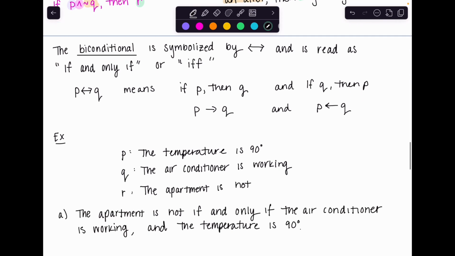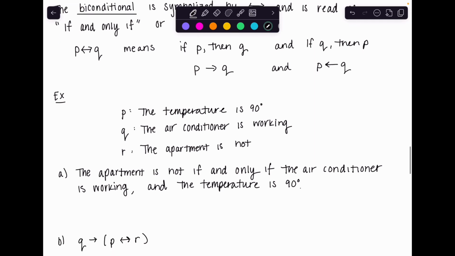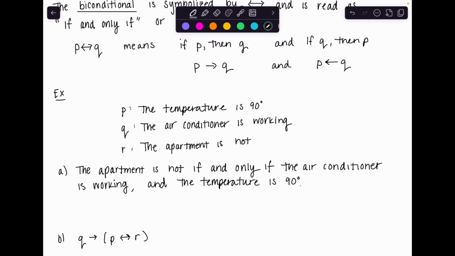So let's try one last example of this, and then we'll summarize all of the different forms. For this one, we've got three statements. P is the temperature is 90 degrees. Q is the air conditioner is working. R is the apartment is hot. For this first one, I want to put it in symbolic form.